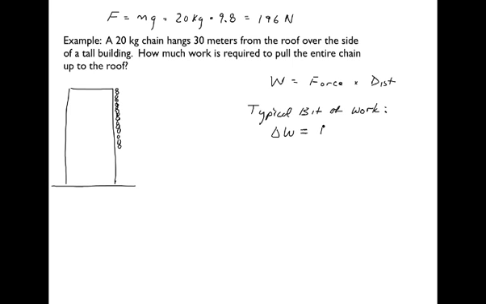Same thing as before. Force times distance. If we move the chain just a little bit, we can assume a constant force. However much chain is hanging over the building gives us an amount of force, and we'll pull it up a little bit. We'll assume that force stays the same for that little change in distance, just like we did for the spring.